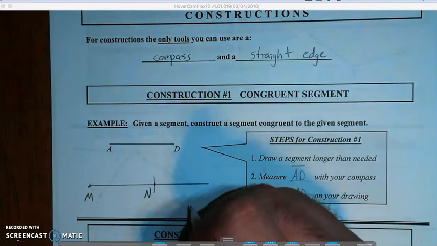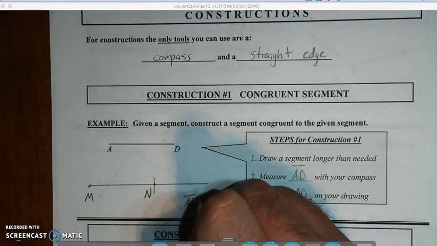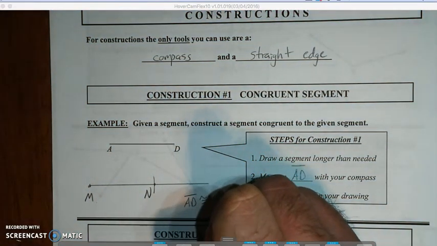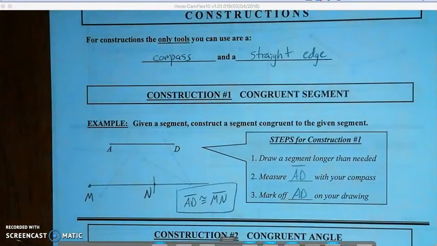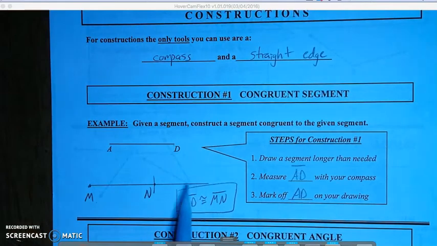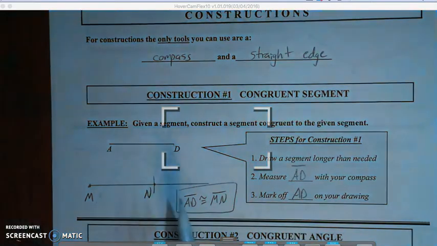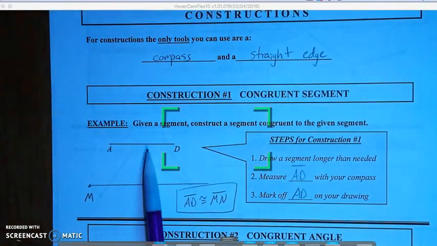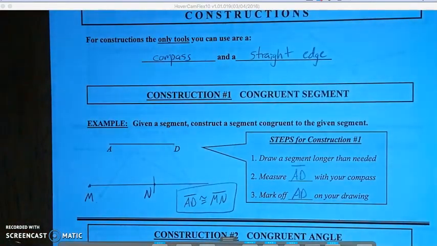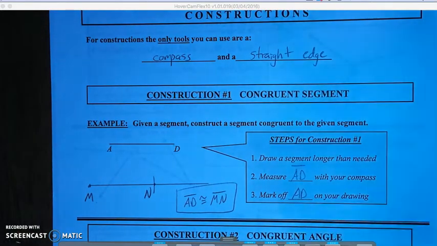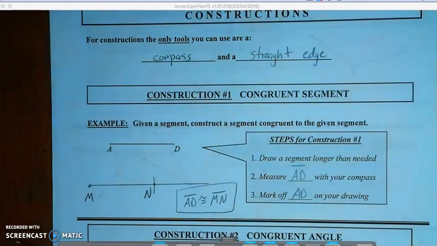And we can say that segment AD is congruent to segment MN. I know this is all extra hanging out here, but all we had to do was copy the same length as AD, which we did down here using our compass. So if we ever have to copy a segment, you would use your compass and just open up to that length.